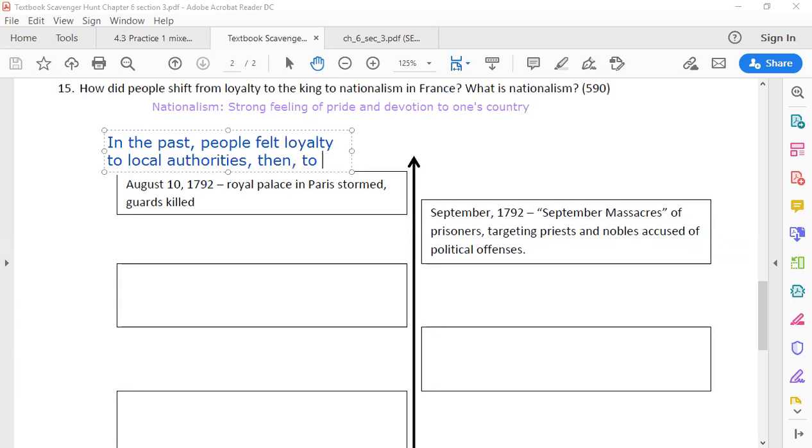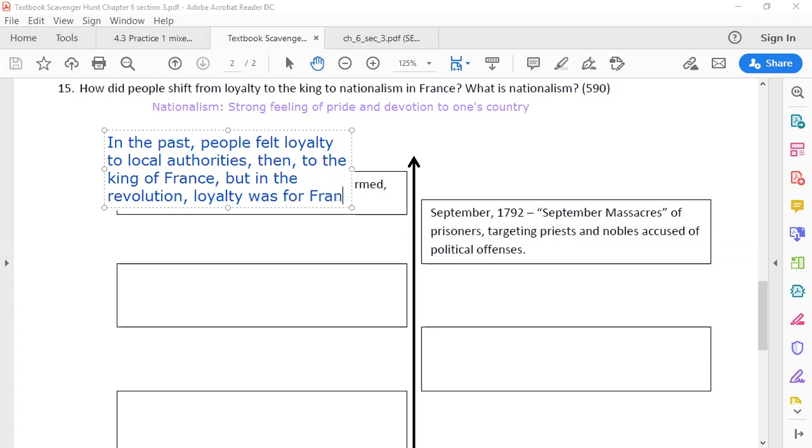Then to the King of France. But in the revolution, loyalty was for France itself. Okay?